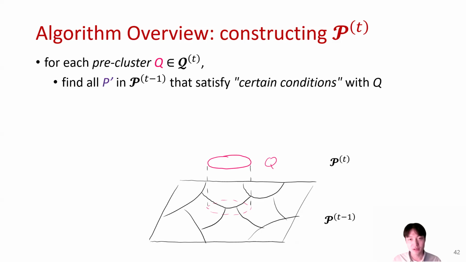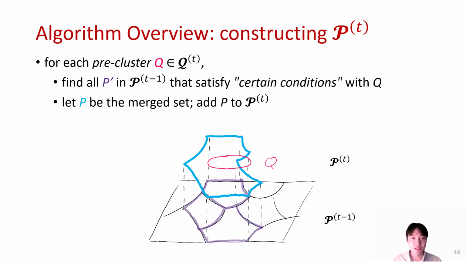Let me defer what the certain conditions are to later. For example, let's assume that these three clusters at layer T-1 satisfy the conditions. We merge these clusters into one cluster, say P, and we add P to the clustering.